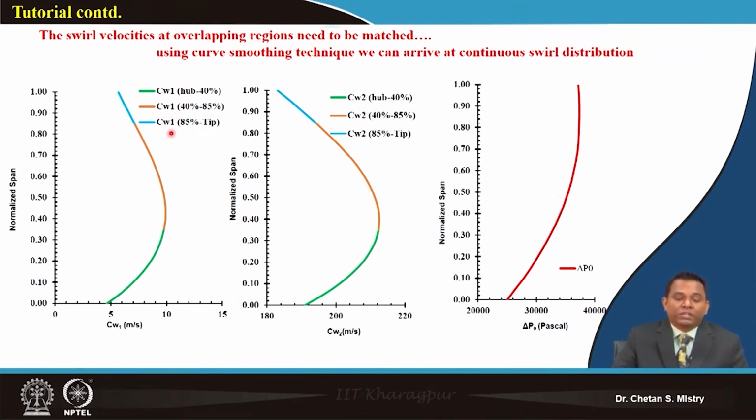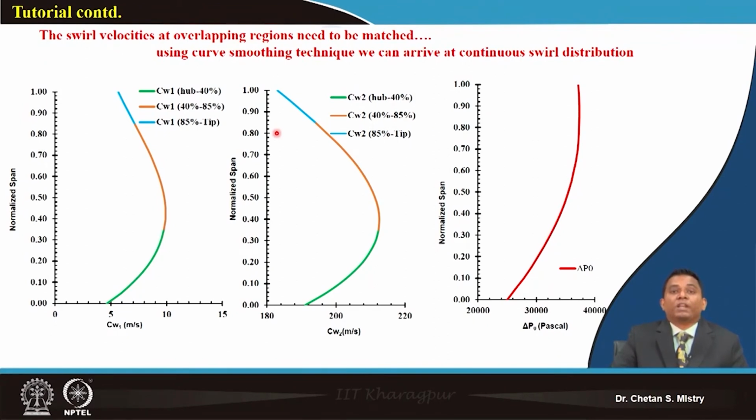Here, by changing the value of CW1 or CW2, we are even able to modify the tip loading. But at this moment this serves our purpose in terms of the expected pressure ratio of 2.